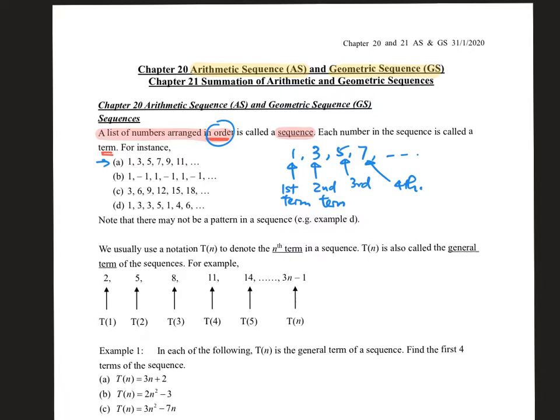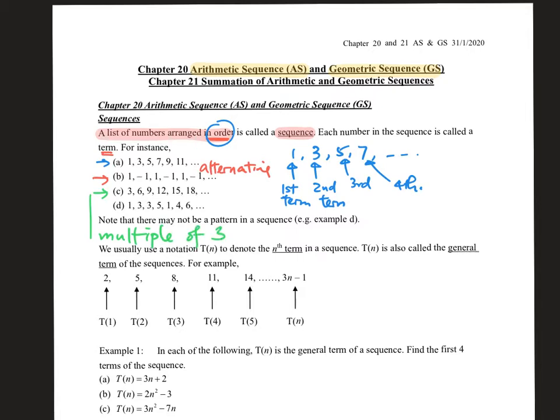A sequence does not necessarily have to be ascending or descending. It can be like in part B, where the numbers are alternating. You see the numbers are changing in sign from positive to negative, negative to positive, and onward. So it's alternating in sign. We may have a sequence like multiples of 3.